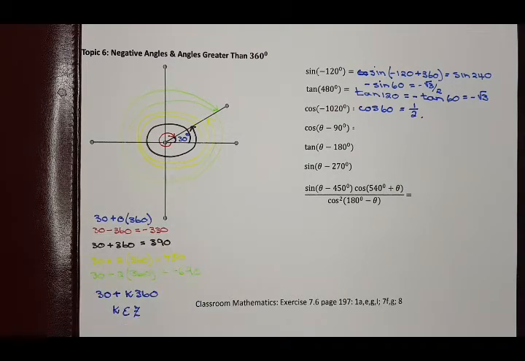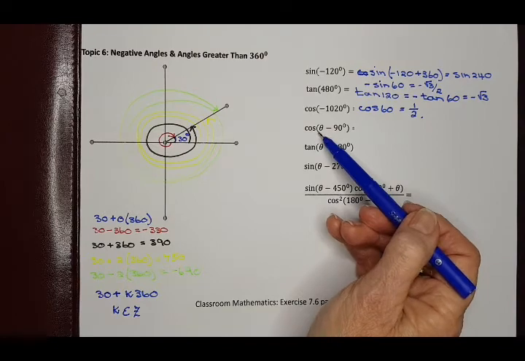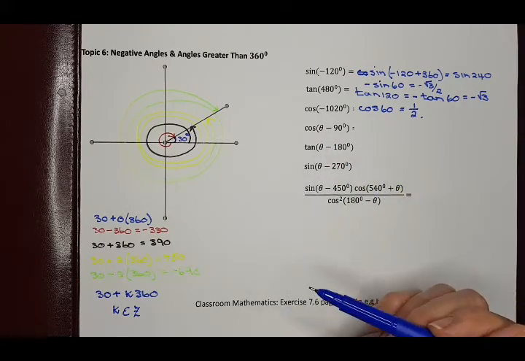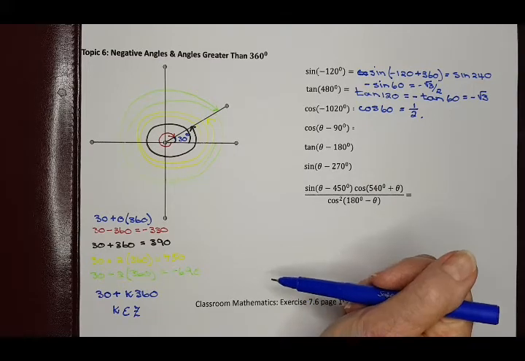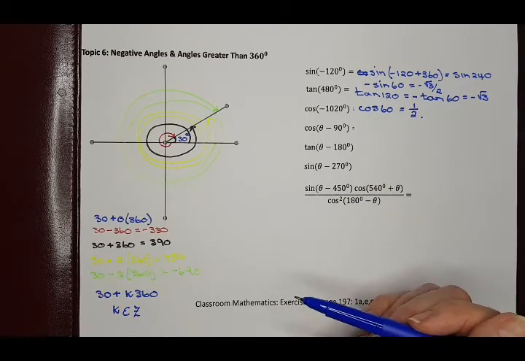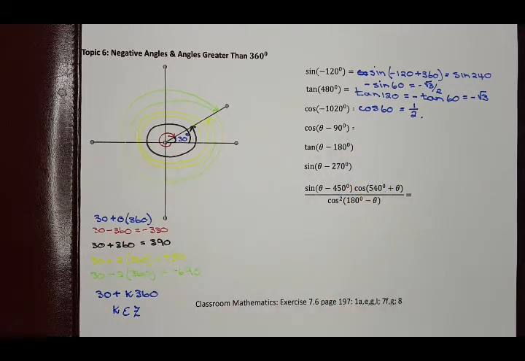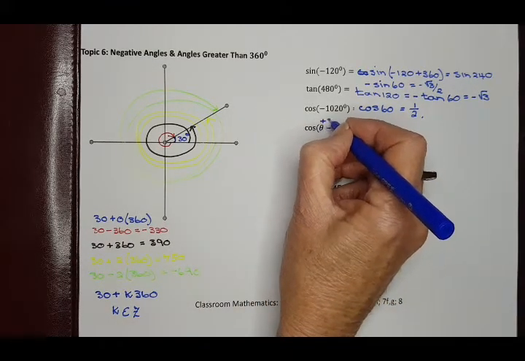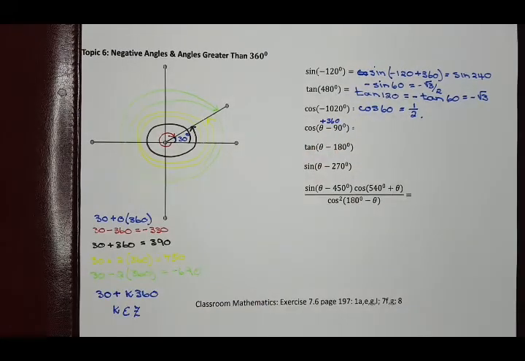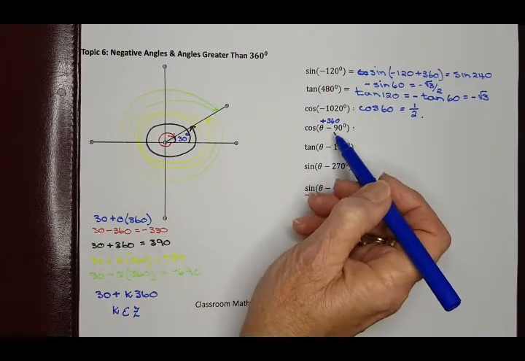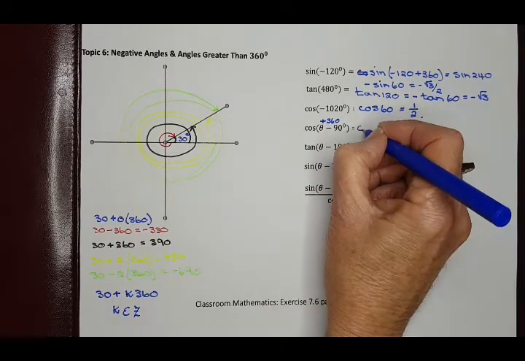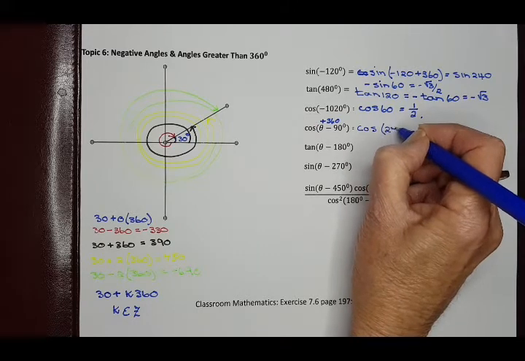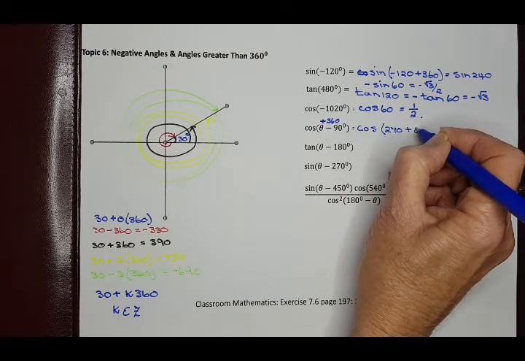All right, now in these examples over here, theta minus 90. I don't know about theta minus 90. I know about 90 minus theta, or 90 plus theta, or 270 plus or minus theta. So the trick here is always to add 360 degrees. So cos of theta minus 90 is exactly the same as cos of 270 plus theta.